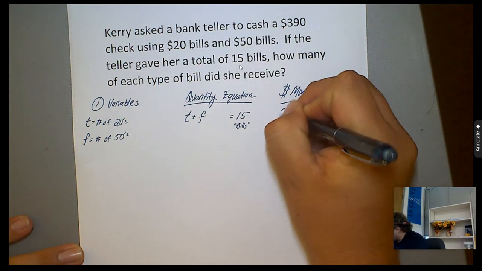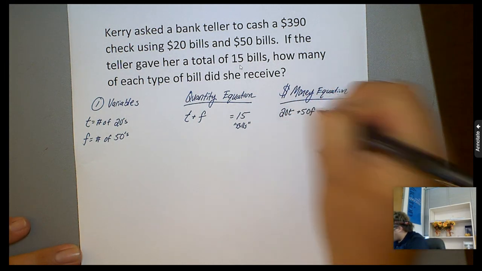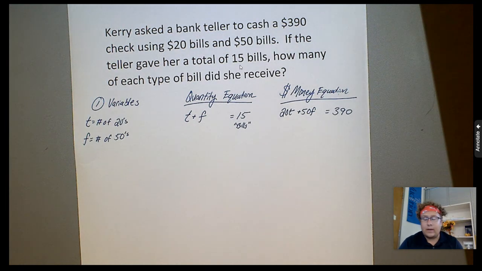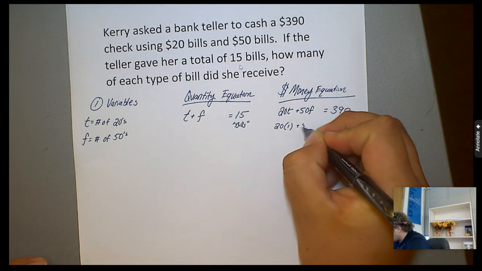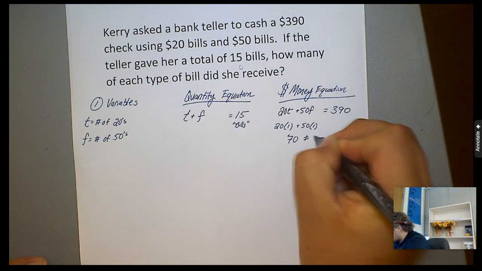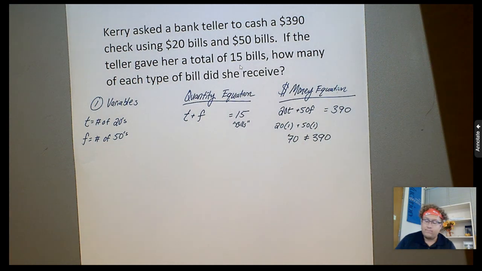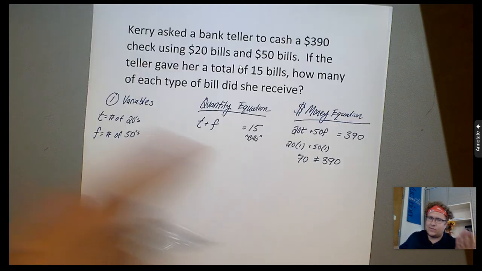So I'm going to have 20T plus 50F. Imagine if we had one bill of each, we would have 20 and then 50. That would only give us 70, which is not equal to 390. So we know that 1 and 1 isn't our solution, especially because 1 plus 1 would be 2, and 2 isn't the same as 15.